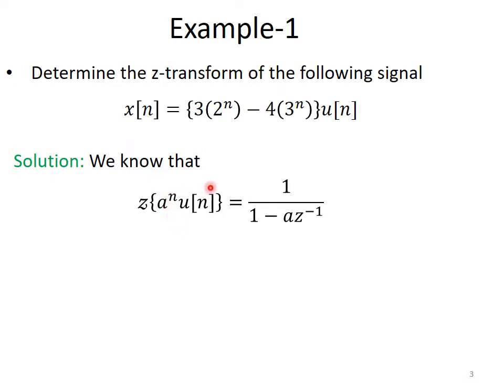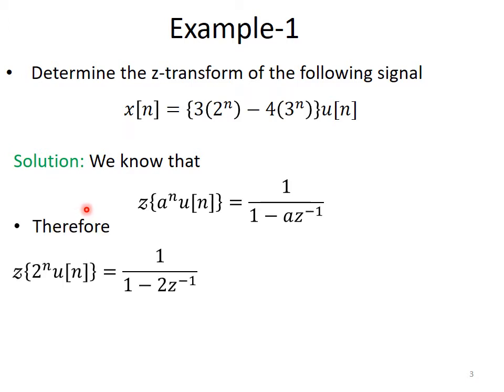We know that the Z transform of this kind of function is 1 upon 1 minus a z power minus 1. We know that from the last lecture. So first find the Z transform of this part and then the Z transform of this part, and then add these together.